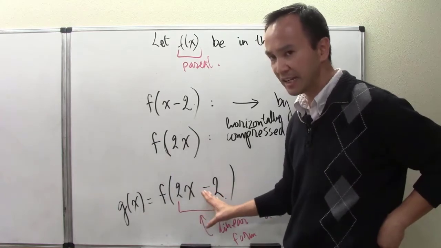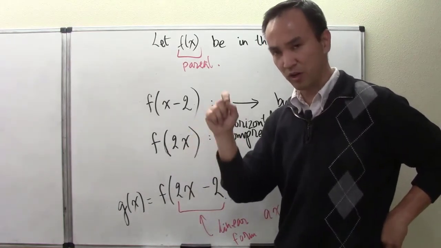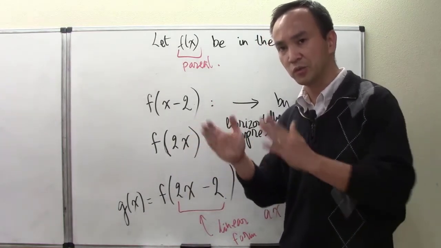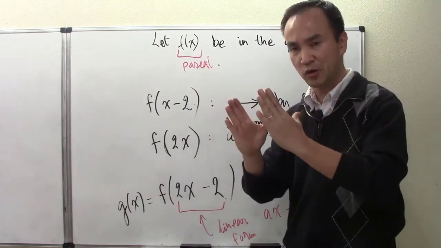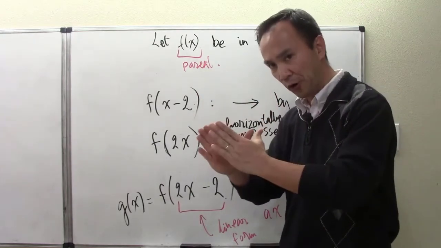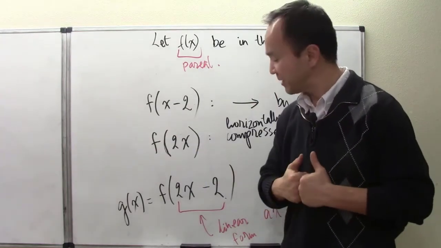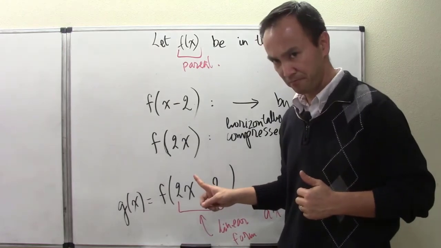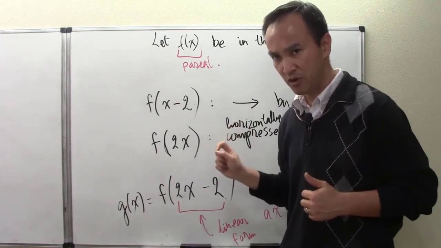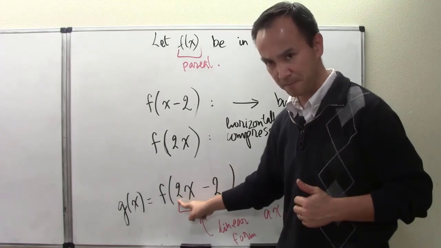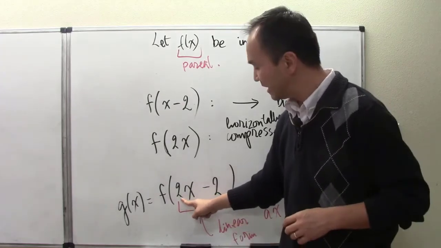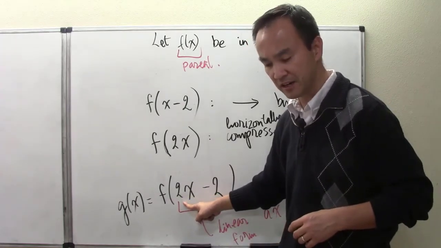In that case, since we want to apply the horizontal scaling before the horizontal shifting, the one critical step we must take is to factor out the leading coefficient of the linear expression.